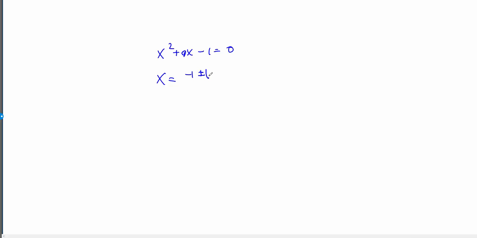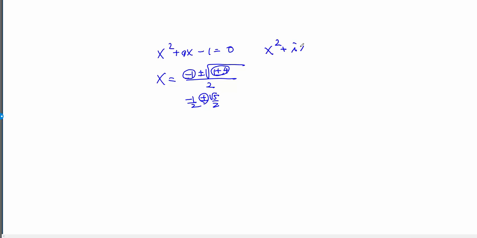Negative 1 plus minus square root of 1 minus 4 times ac, which is negative 4, so this is positive 4, over 2, right? Because this is real, the roots are always conjugates. Negative 1 plus minus root 5 over 2, right? Conjugate.